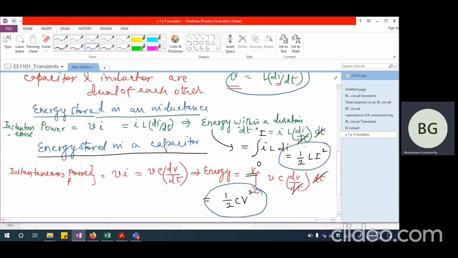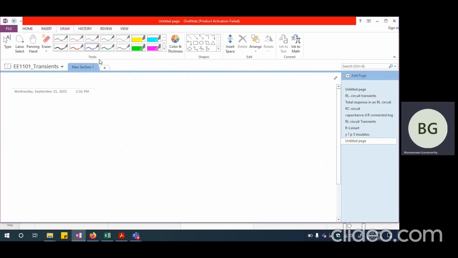Okay, so both of them have very similar expressions. Only thing is, wherever the voltage is utilized in the case of a capacitor, the current is utilized in the case of an inductor.